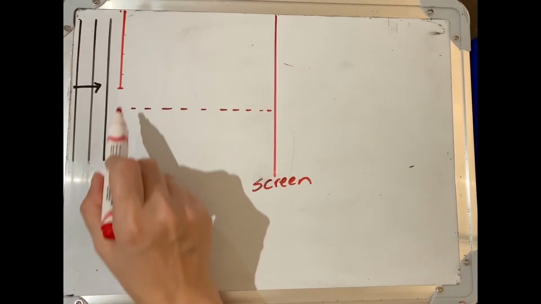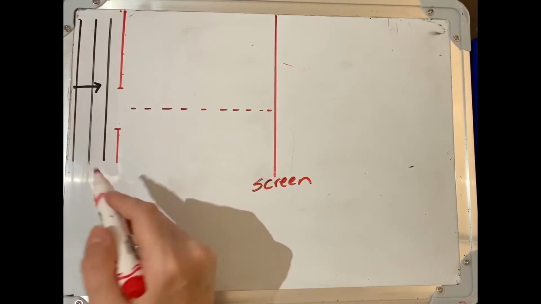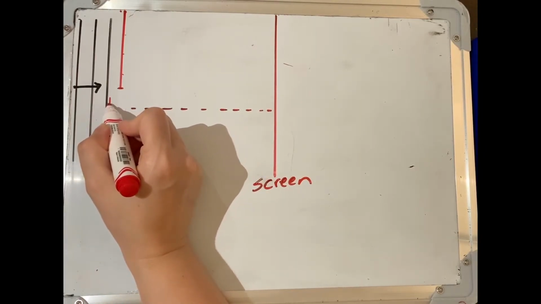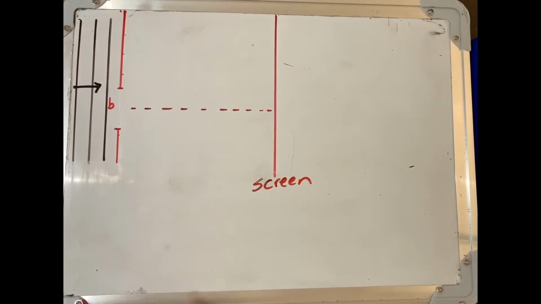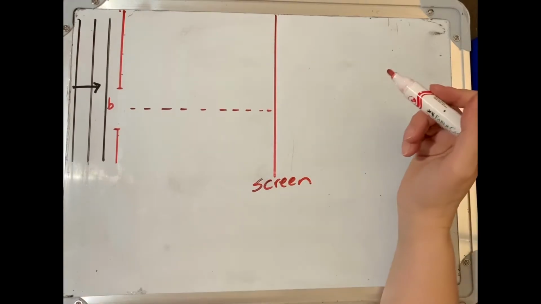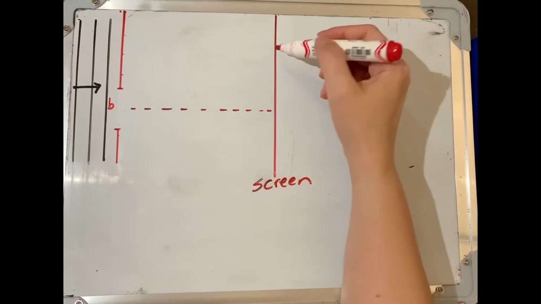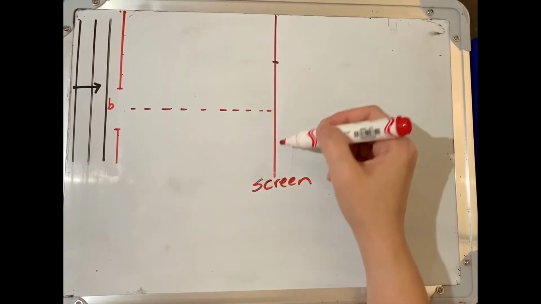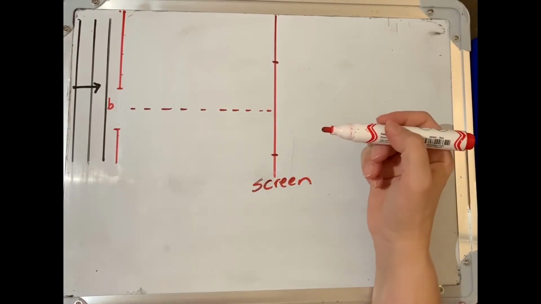Let's say the width of this gap is b. The wavelength is lambda as usual, and the distance to the screen will be capital D. On the screen we see a wide central bright region.